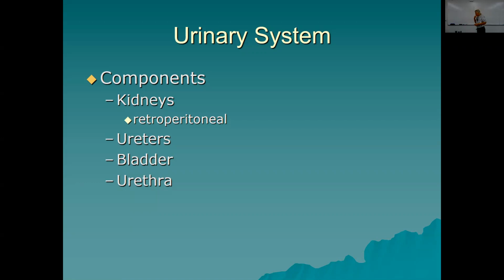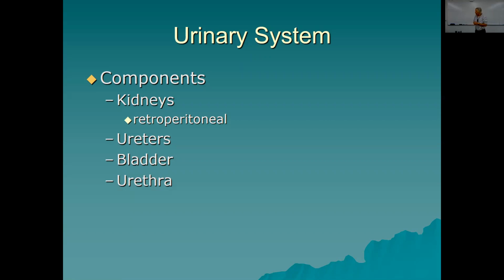Now the ureters carry urine from the kidneys to the bladder, and the ureters start off retroperitoneal, but they come through into the peritoneal cavity. And they go to the bladder, and the bladder is in the peritoneal cavity, sometimes called a pelvic cavity. Remember, this cavity here is peritoneal and then the pelvic cavity, and there's no delineation between the two.